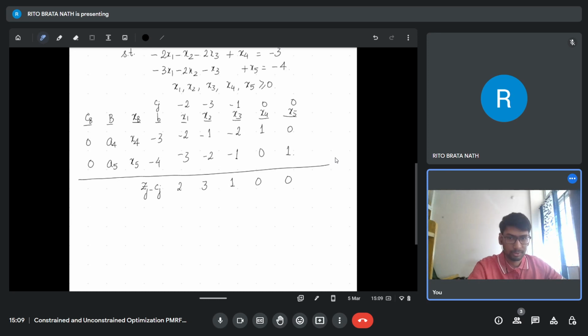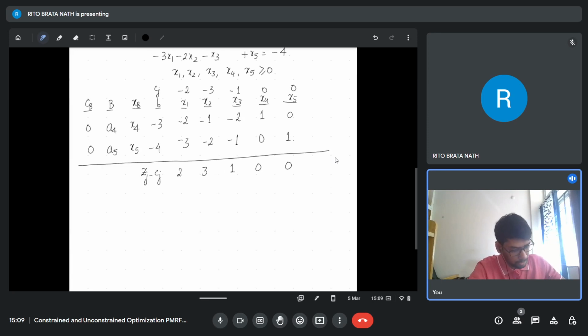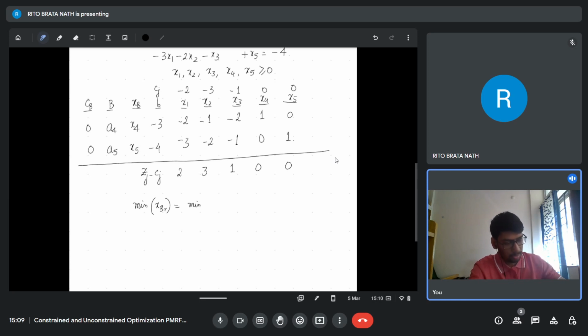So now what you can do first, you have to determine which one is the departing variable, right? So for that, what you can do is min of xbr. So that will be min of, or I should write it as curly brackets xbr, right? So this should be a min of two terms.